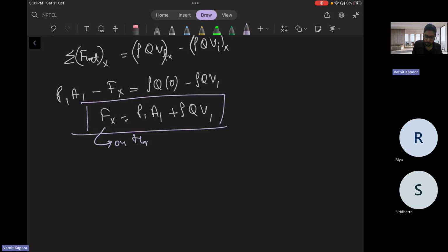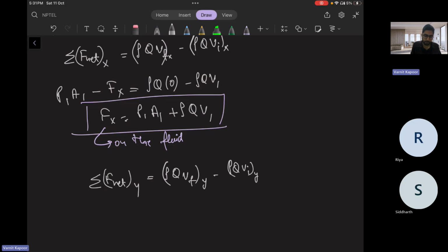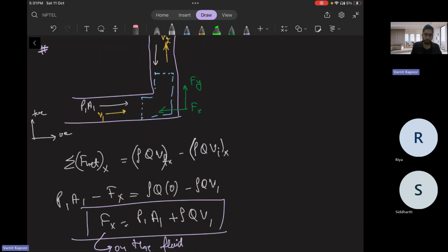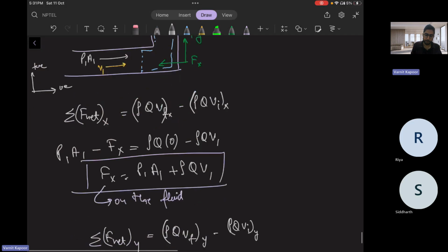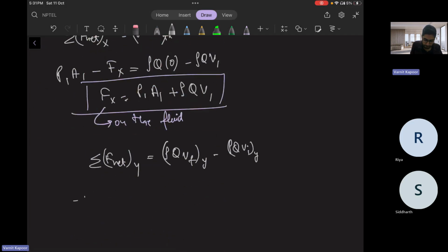Now in the y direction, F net in the y direction is rho Q v final y minus rho Q v initial in y direction. So what is the y direction? Initially, no y. Finally, it is minus P2A2, because we assume downward is negative, and Fy is acting, we assume, positive.